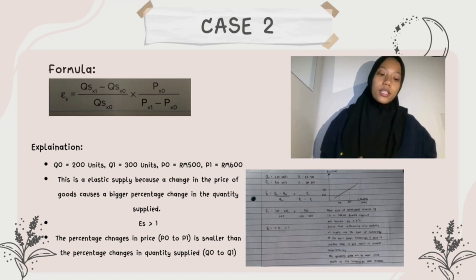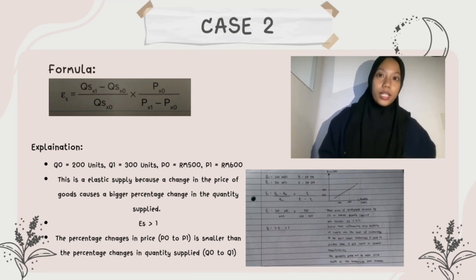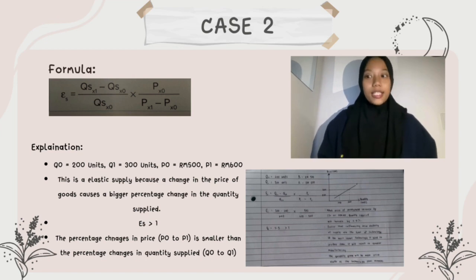Thus, the quantity supplied will be more price elastic as the technology level increases. So the percentage change in price from P0 to P1 is smaller than the percentage change in quantity supplied from Q0 to Q1. That's why it is elastic supply. That's all. Thank you.